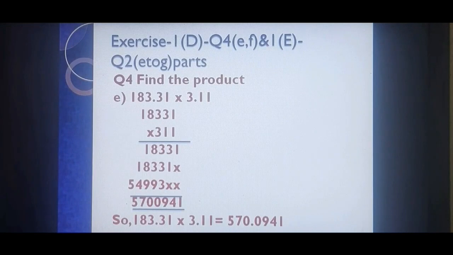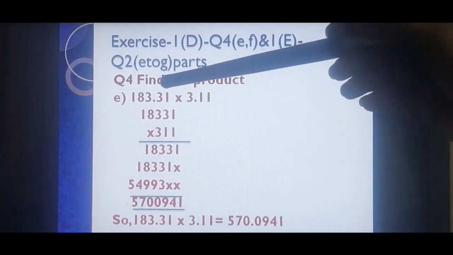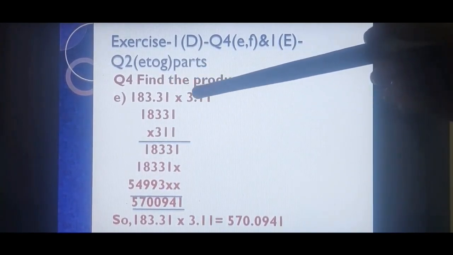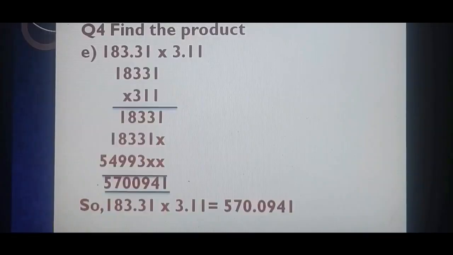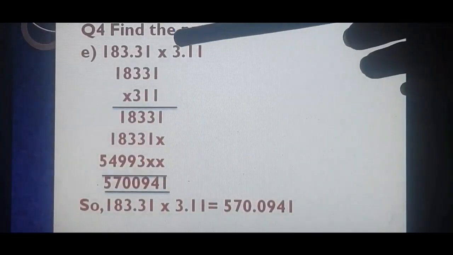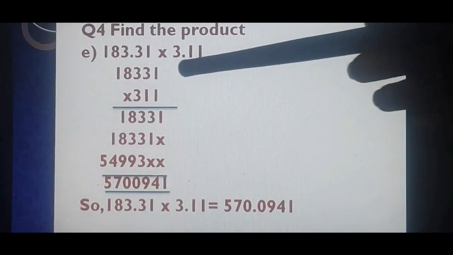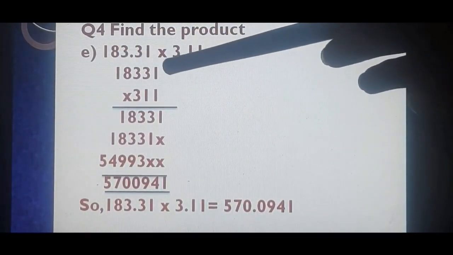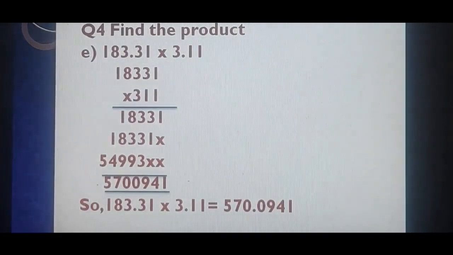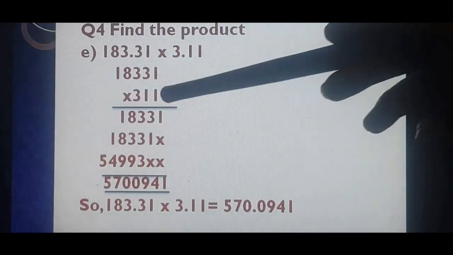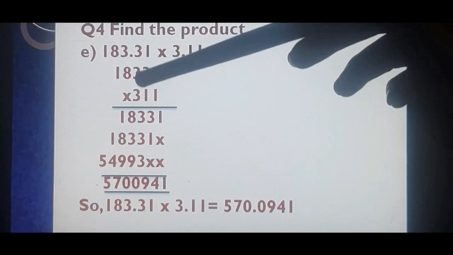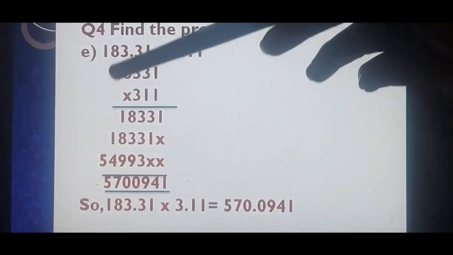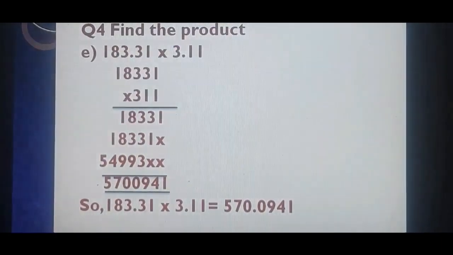Find the product. 183.31 multiply by 3.11. So in multiplication we will not consider the decimal. We will do simple multiplication. 18,331 multiply by 311. 1 1 is a 1, 1 3 is a 3, 1 3 is a 3, 1 8 is a 8, 1 1 is a 1.